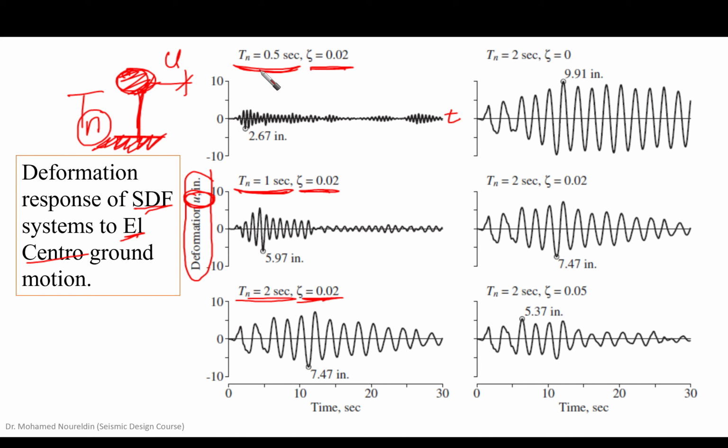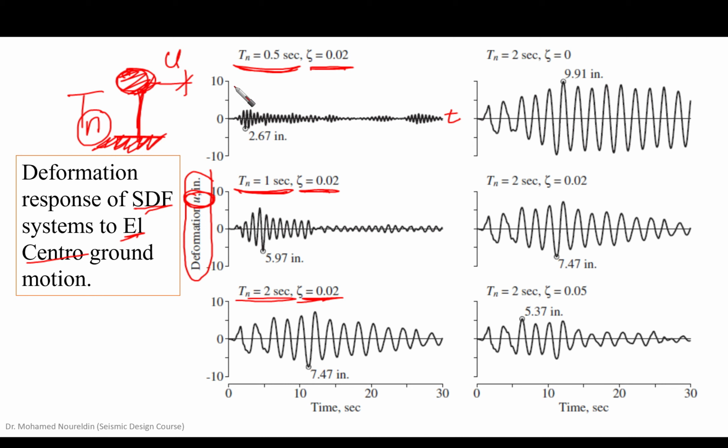So we have 3 different single degree of freedom systems. As you can see, every one has its own natural period, Tn, 0.5, 1, and 2, and the damping ratio is going to be the same.